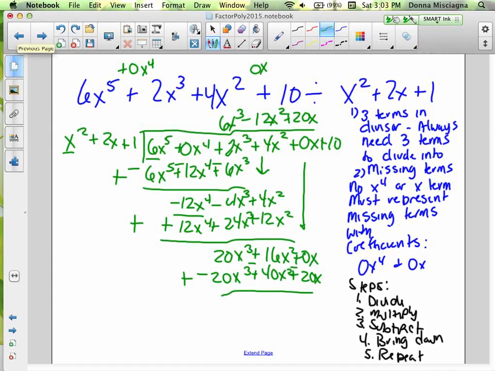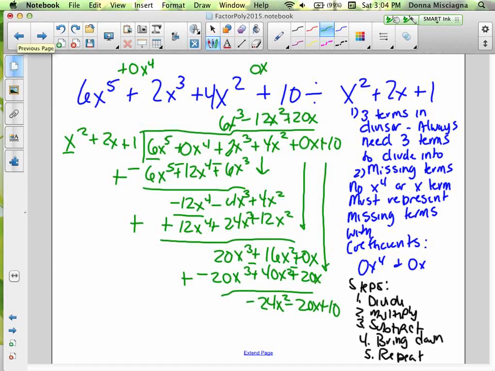So 20x cubed minus 20x cubed, that's 0. 16x squared minus 40x squared is going to be negative 24x squared. And then 0x minus 20x is a negative 20x. And we bring down the very last term, the 10.